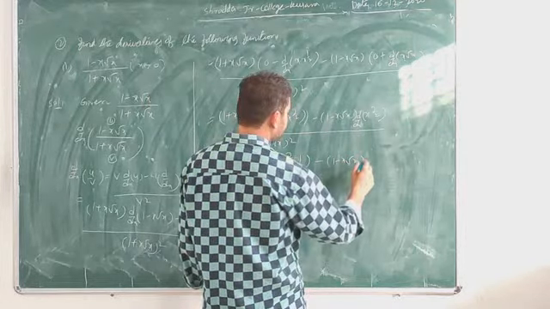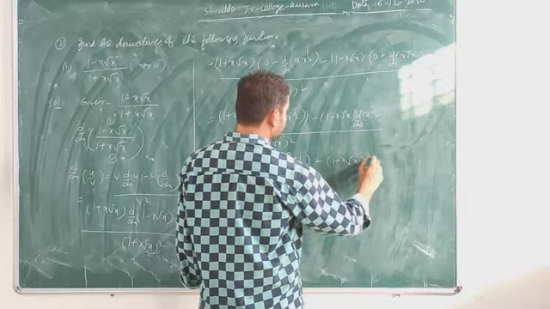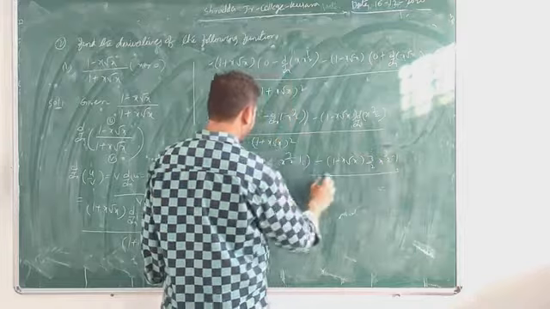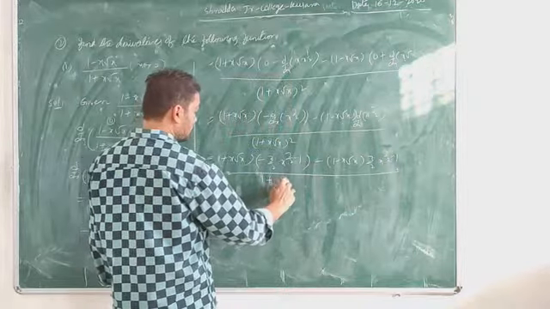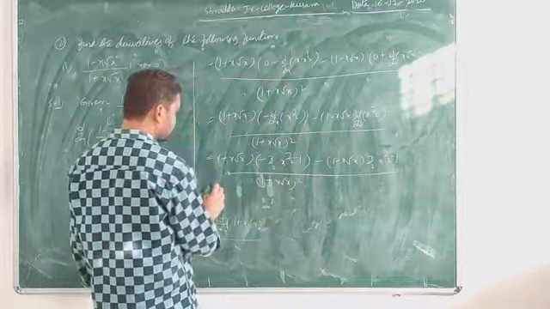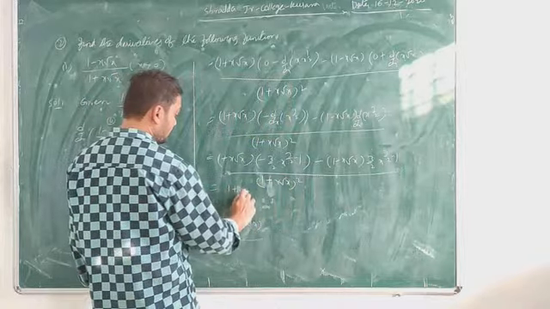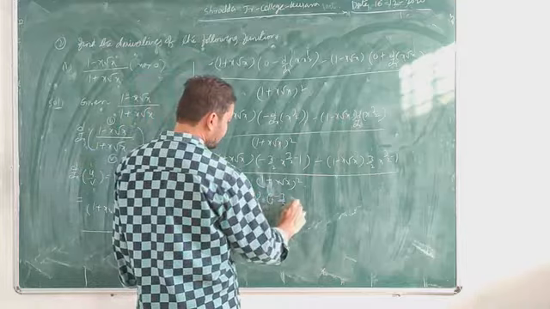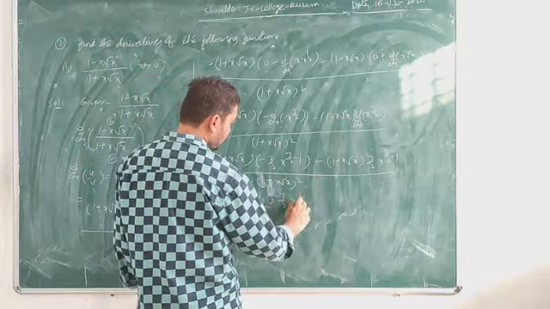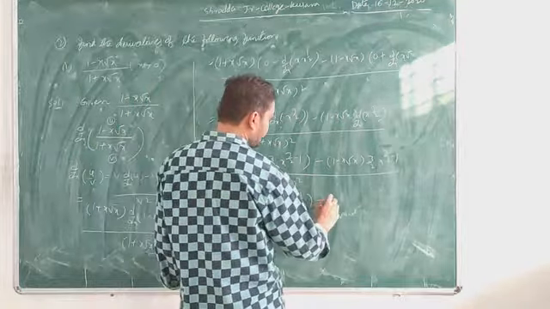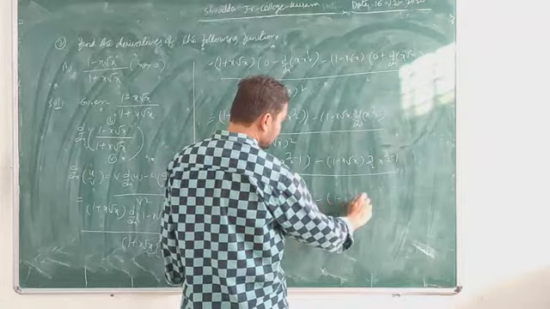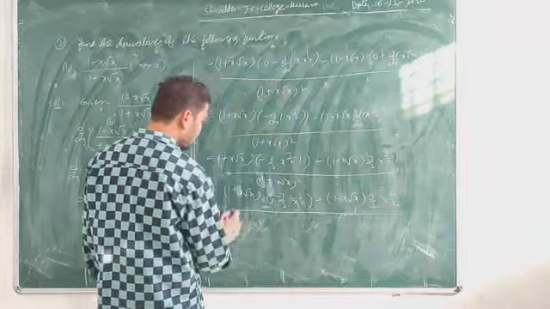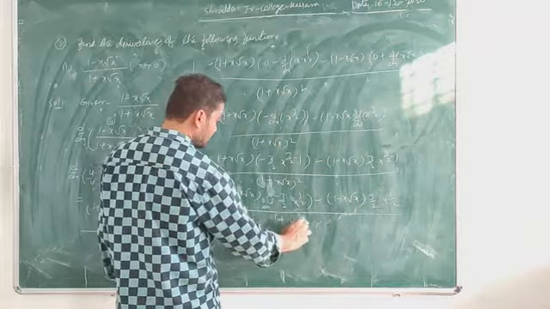Here also, n into x power n minus 1, by (1 plus x root x) whole square. (1 plus x root x) into minus 3 by 2 into x power 1 by 2, minus (1 minus x root x) into 3 by 2 into x power 1 by 2, by (1 plus x root x) whole square.